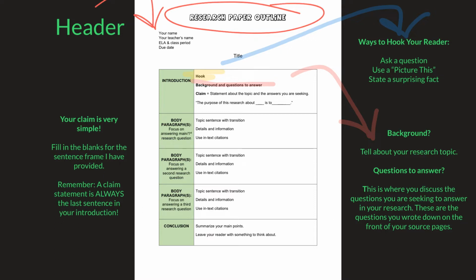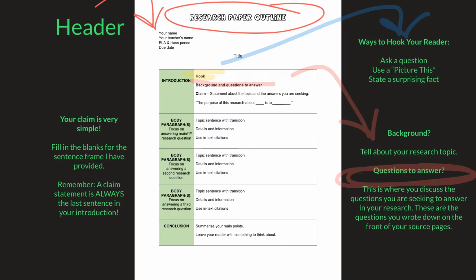That's where you record the link that you found or the information you're using and what you found there. So that first page, you had to decide what questions you're going to answer in your research. Everything about research goes by the questions that you want to answer. That is the point of research. Okay, so this is where you're going to discuss those questions, and you'll find them, like I said, on that front page.